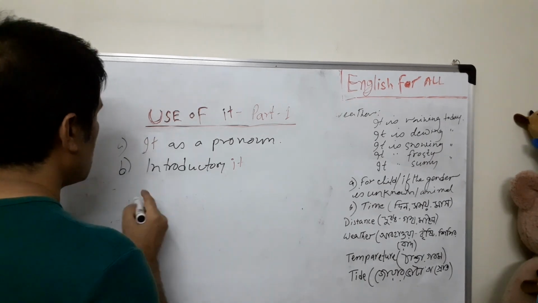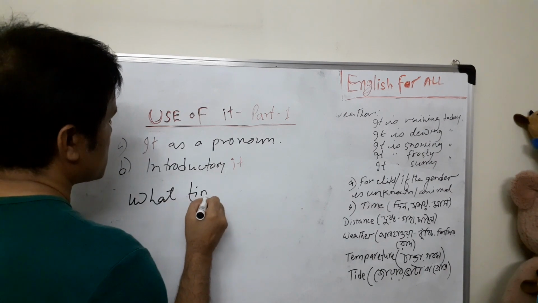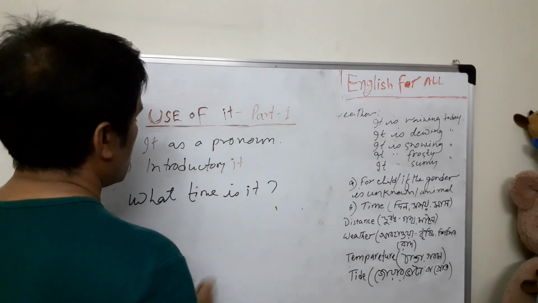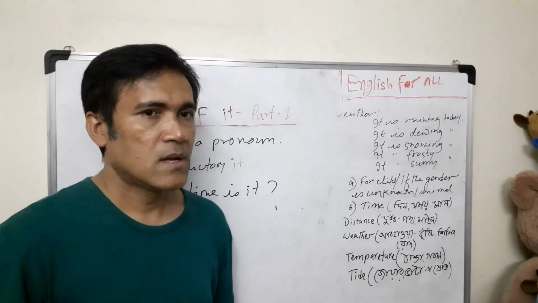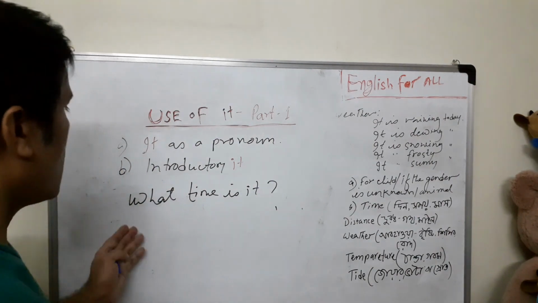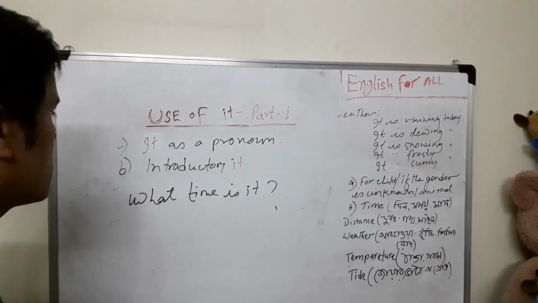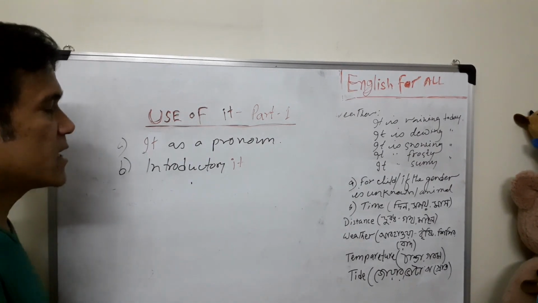Then what time is it? What time is it? It is 10 o'clock, it is 9 o'clock, blah blah blah. Or what time was it? You can make it also in the past form. It was 10 o'clock, it was 9 o'clock.